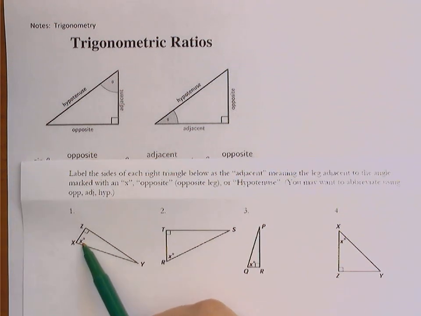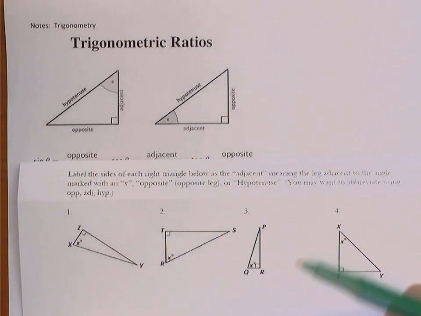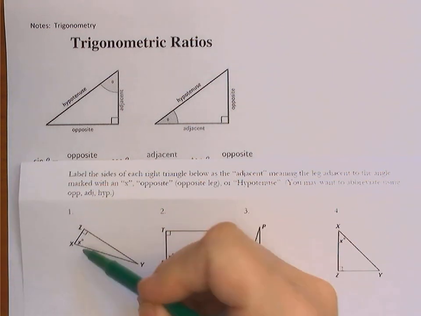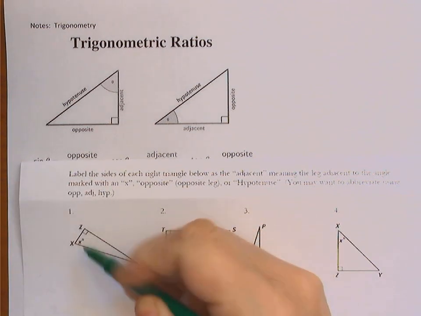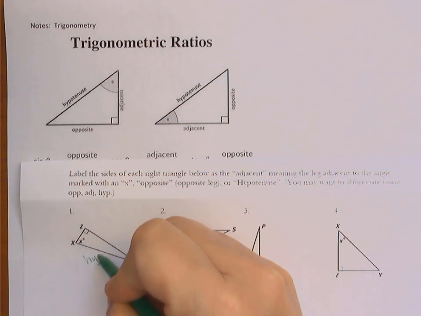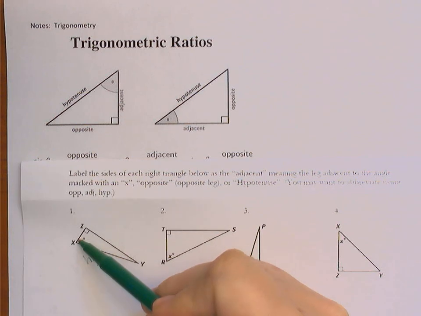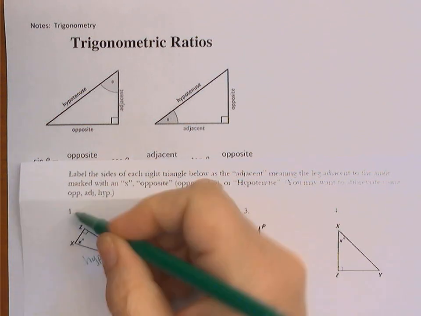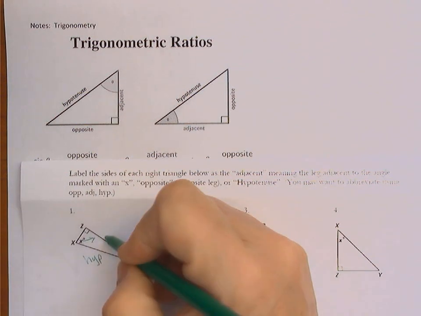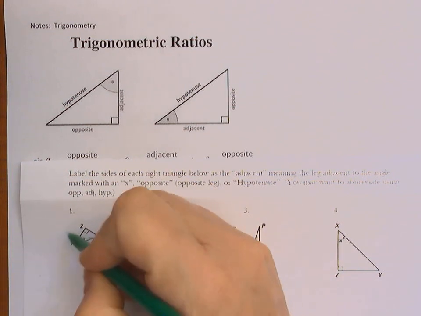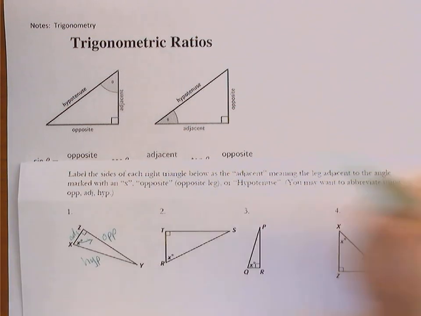So here's my angle. So I want to know what all of the pieces are. So if this is my angle, and this is my right angle, this is my hypotenuse. So that's easily identified. Then the side opposite my angle is this one. So that's my opposite, and the one next to my angle is my adjacent.